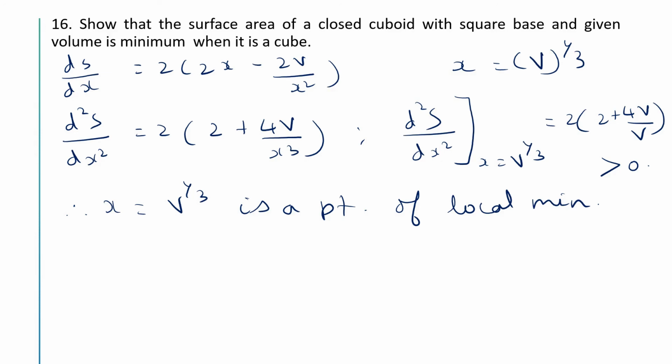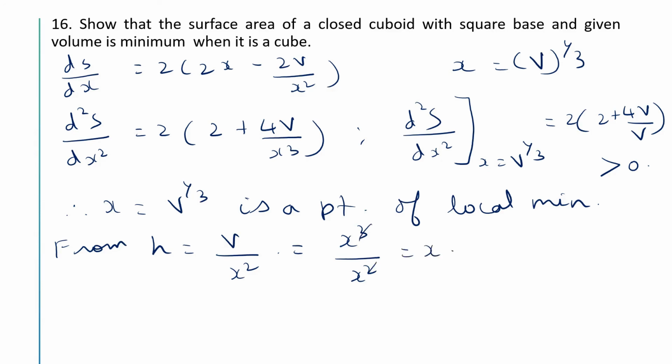Now initially we have taken h is equal to v by x square. Since x is equal to v raised to 1 by 3, we have x cube is equal to v. So this is equal to x cube by x square, or it is equal to x.